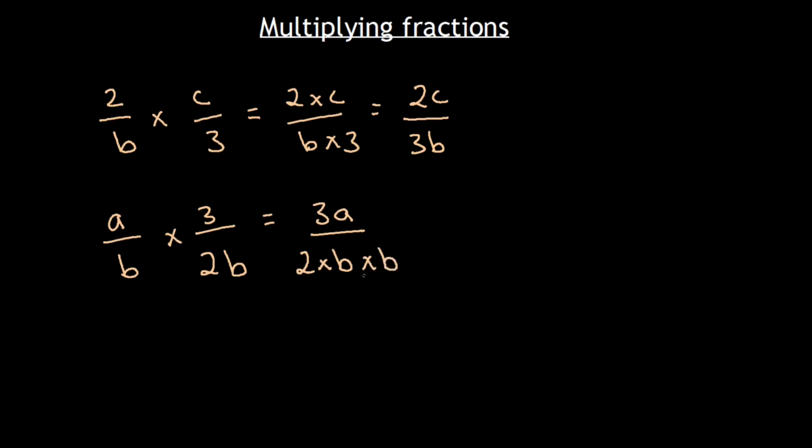It's exactly the same thing. Okay, we've got b times 2 times b. I can rewrite it, it's the same thing. I haven't really missed anything out. So this would be 3a over 2, and then b times b is b squared. So 2b squared, right? It's just like saying 3 times 3, we can rewrite it as 3 squared. So b times b is b squared. Okay, 2b squared. And that's it.